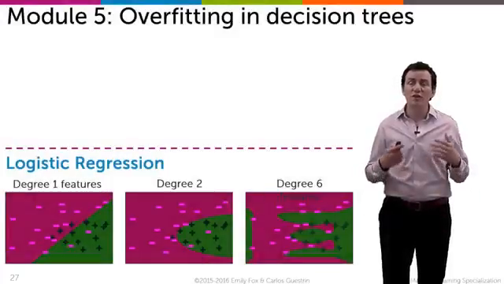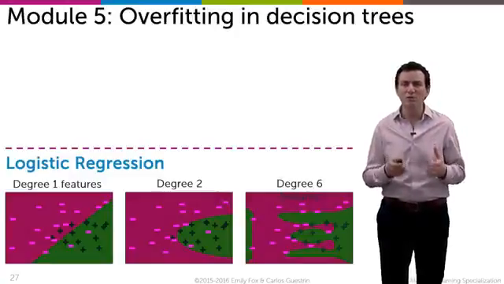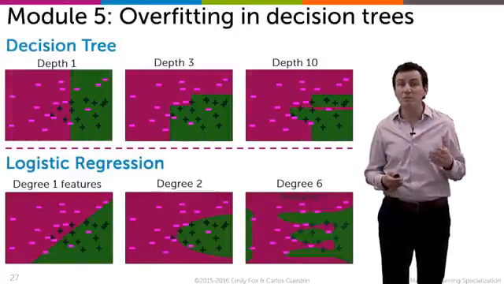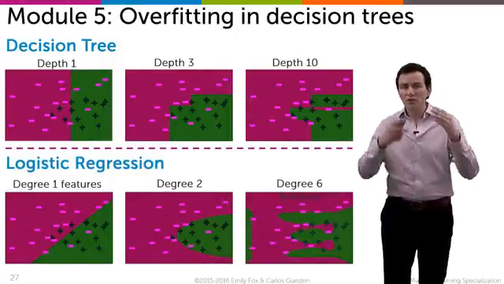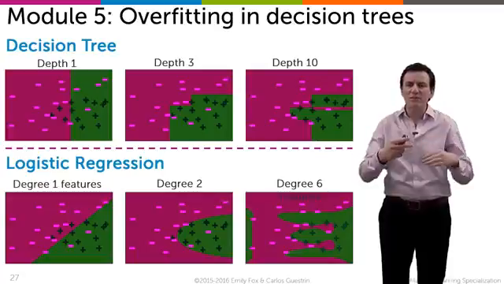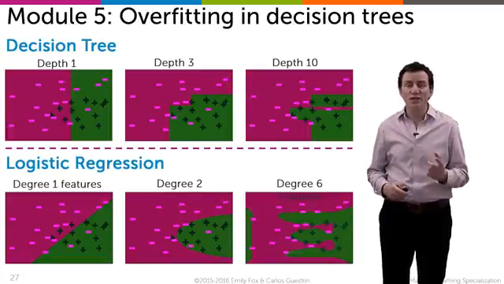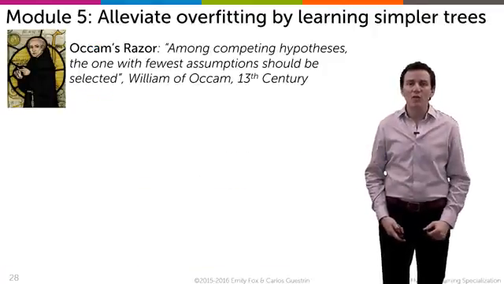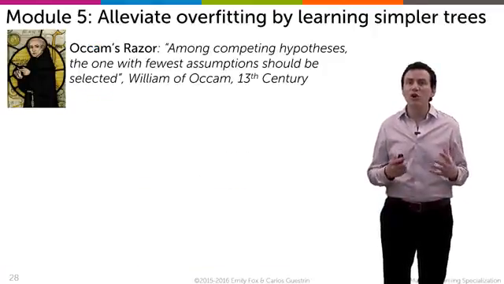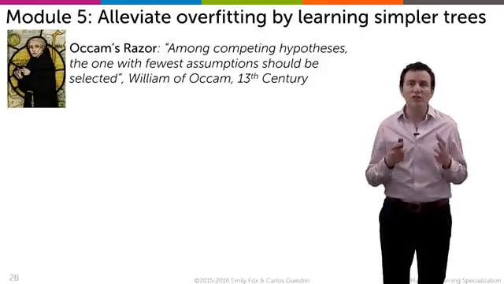In Module 5, we're going to see that overfitting is not just a bad problem in logistic regression, but it's also a bad problem in decision trees. So here, as you make those trees deeper and deeper and deeper, those decision boundaries can get very, very complicated and you really overfit. So we're going to have to do something about it. And what we're going to do is use a fundamental concept called Occam's razor, where you try to find the simplest explanation for your data.